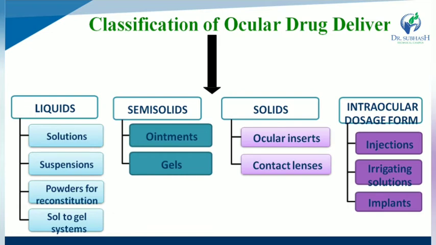Second one, semi-solid dosage form, which is divided into two types: ointments and gels. Third one, solid dosage form, which is divided into two types: ocular insert as well as contact lens. And last one, intraocular dosage form, which is divided into three types: injections, irrigation solutions, and implants.